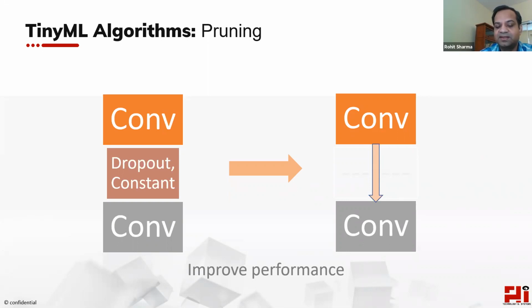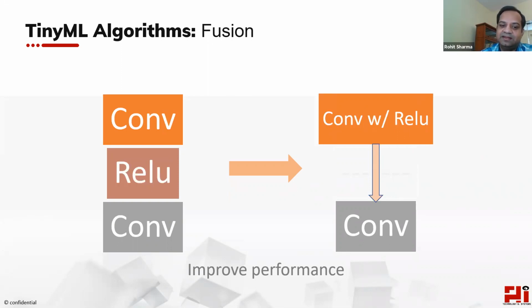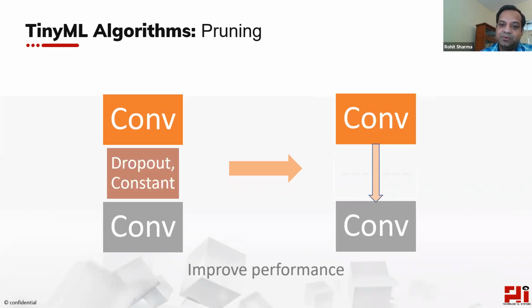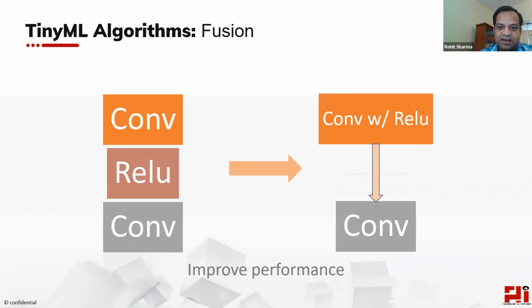Pruning requires that we remove those layers because they're just a placeholder for inference. So that is essentially your pruning: prune out the layers if they're not needed. It definitely improves your performance.